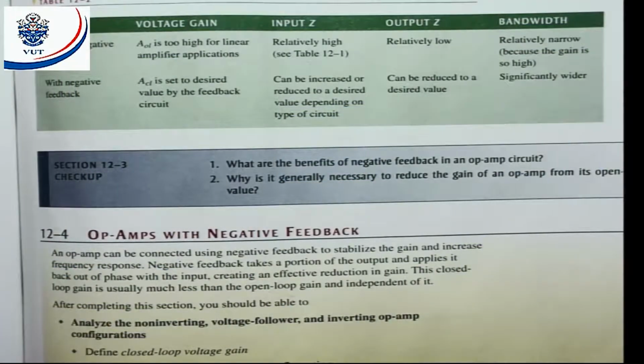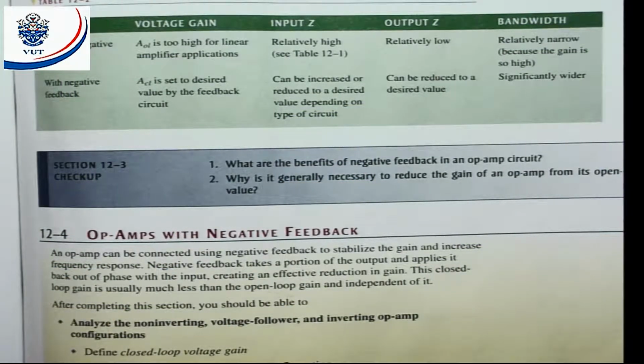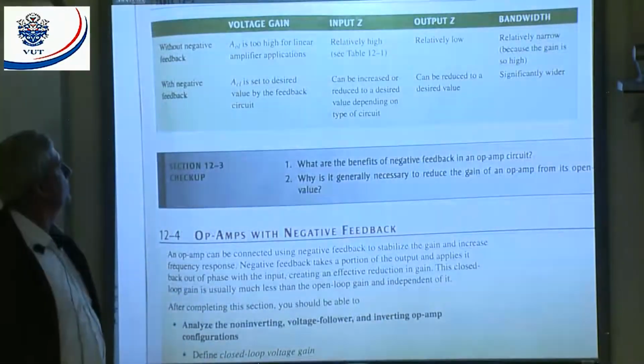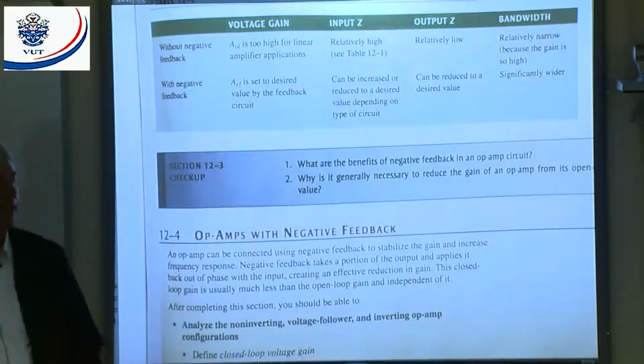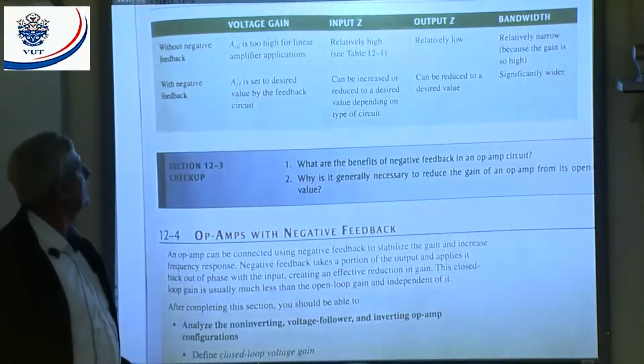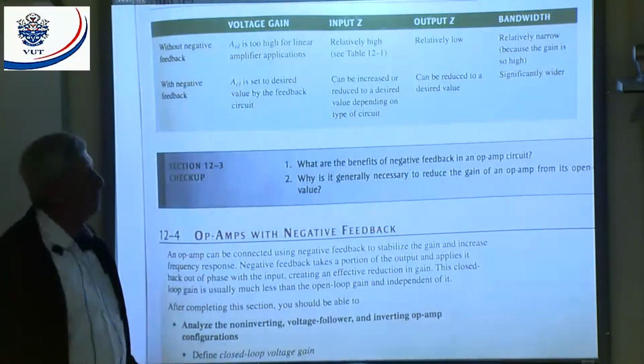This table just gives us an indication of what happens when I apply negative feedback and what happens when there is no feedback. First of all, without negative feedback, the open loop gain, AL, stands for open loop gain, is too high for linear amplifier applications.